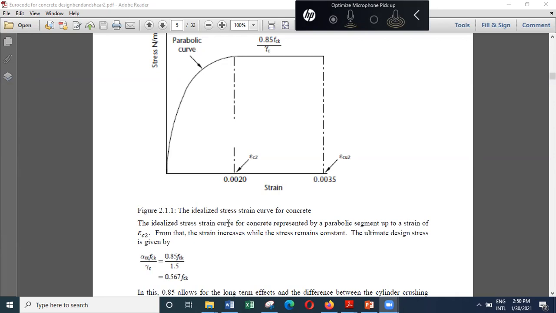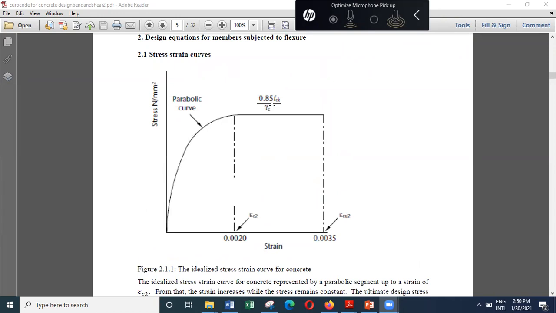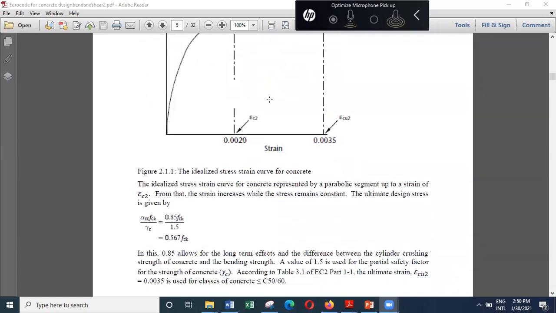And then you can also see another important parameter, this 0.85. And fck is the characteristic strength of concrete. And we learned that cylinder strength is equal to cube strength. But you can still see there's another factor called 0.85. And what is the purpose of this factor? Here you can see 0.85 allows for the long-term effects and the difference between the cylinder crushing strength of concrete and the bending strength.